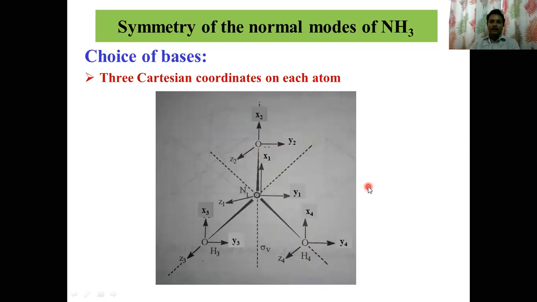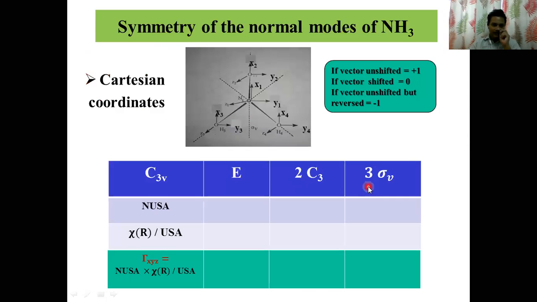Now if we go to the next slide, you will realize that exactly in the same fashion as we did for the water molecule, we are going to do it, right? In principle, you do it in the form of matrices. We'll have 4 atoms, so 4 into 3, so 12 vectors. So it is going to be a 12-dimensional problem, and we'll have a matrix of 12 by 12, right?